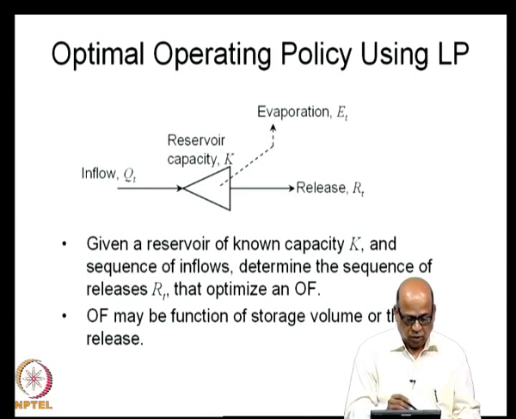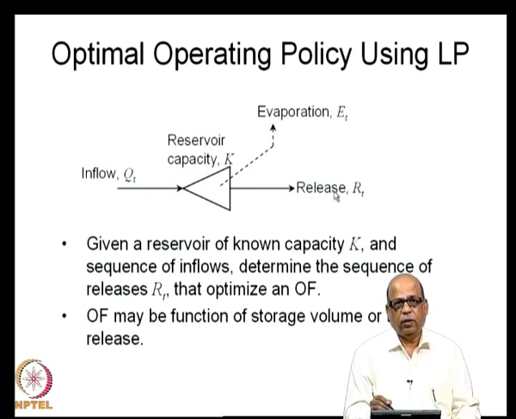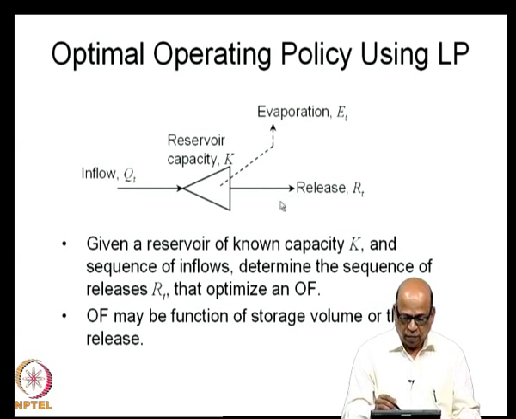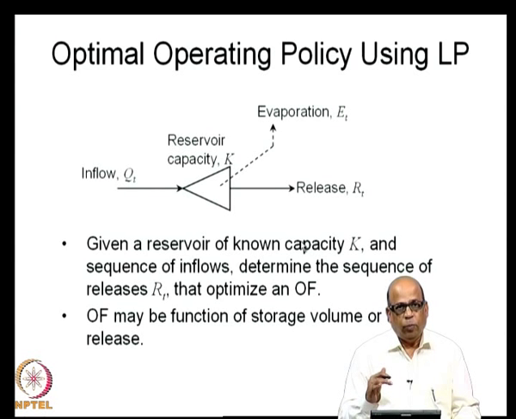For example, you may have the release going only for irrigation with its returns associated with the releases in terms of, let us say, crop yield, or in terms of the monetary benefit that you can account for, or in terms of the revenue that you get, or in terms of the intangible benefit of providing the water to the farmers and so on. So, you may have certain objective with which you are operating the reservoir.